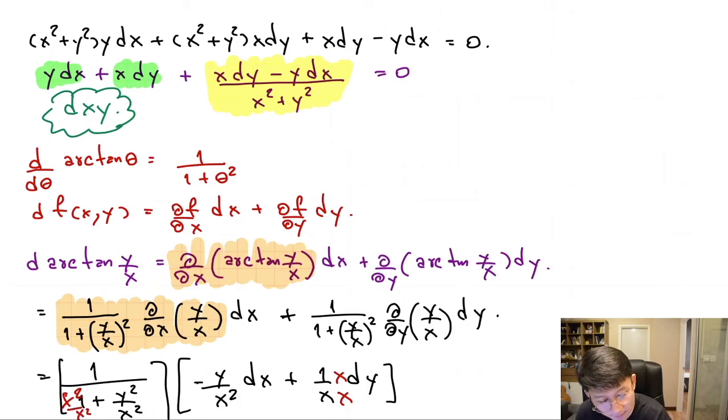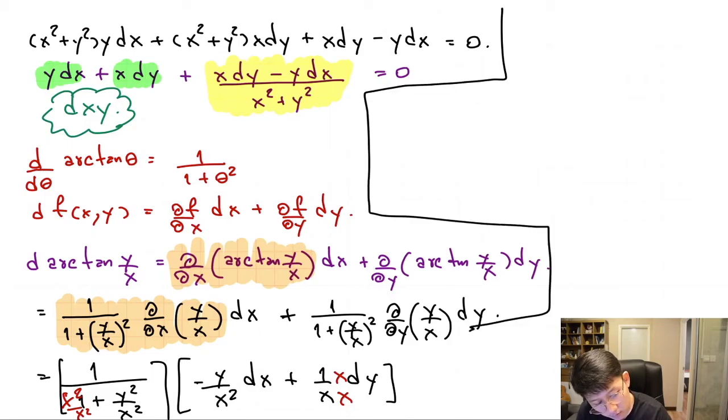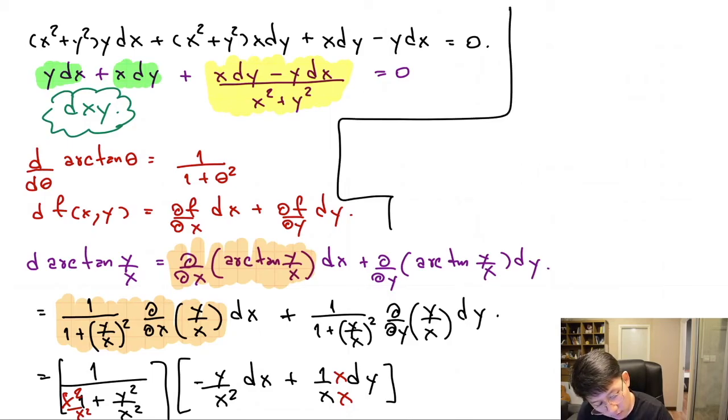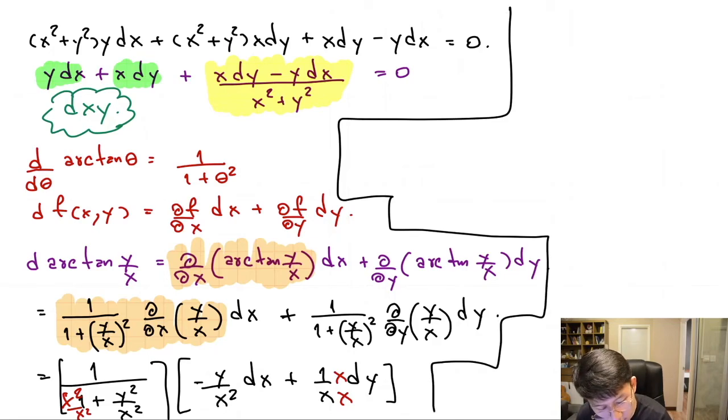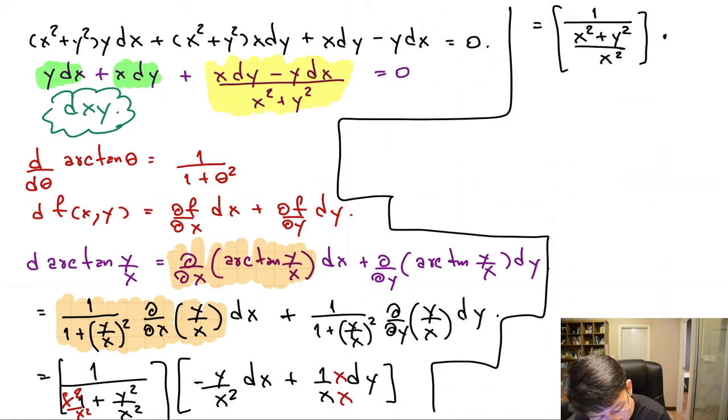So what I have is 1 divided by (x squared plus y squared) divided by x squared, times (minus y dx plus x dy) divided by x squared.